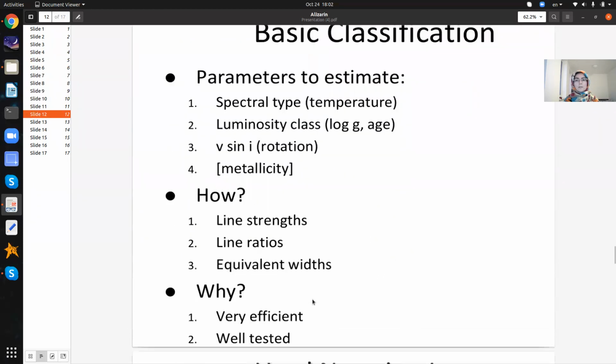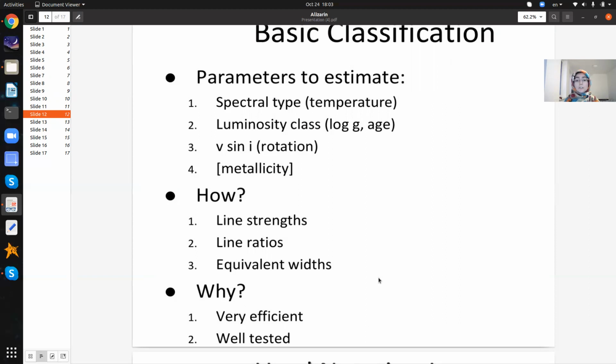We have some classification. Parameters to estimate are spectrum type, temperature, luminosity, v sin i for rotation, and metallicity. Maybe you ask how we can measure that. With line strength, with line ratios, and with equivalent widths. For example, for line ratios, we have two iron lines or more.